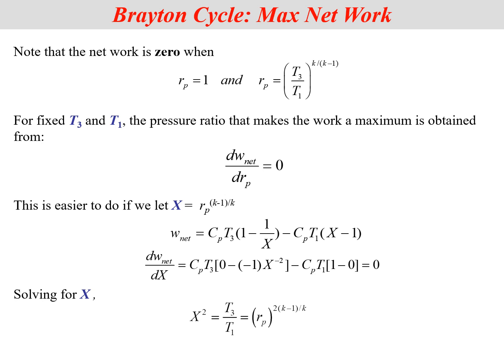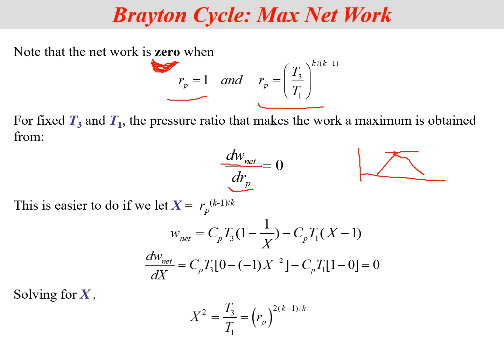When you have a pressure ratio of 1, that means there is no compressor work and no expansion work, so that means this is the minimum net work. Now anywhere where this derivative becomes 0, that means this system has reached its maximum.